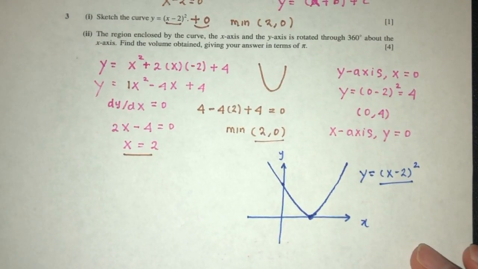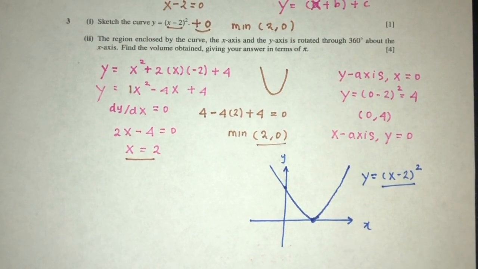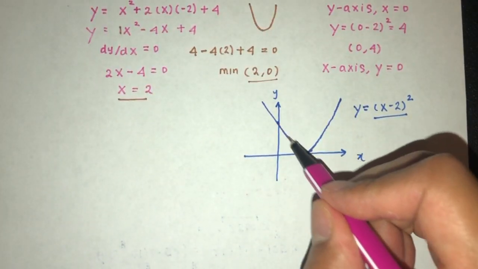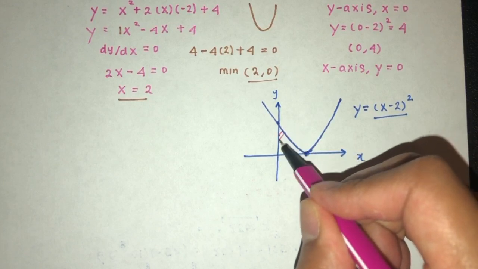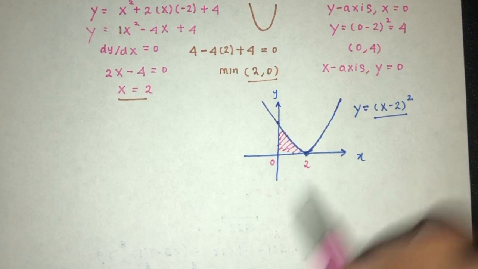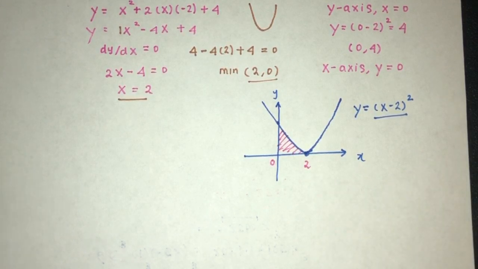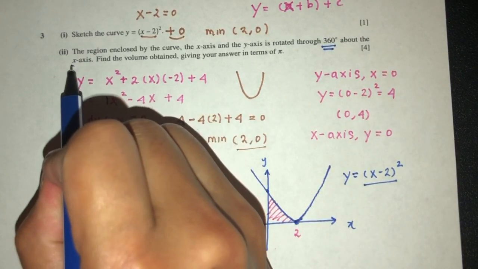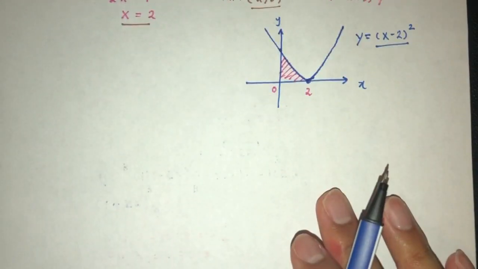Now for part 2, the region enclosed by the curve, the x-axis and the y-axis. So this is the region enclosed by the curve, the x and the y, which is this one. It is between 0 and 2, right? It is rotated through 360 degrees about the x-axis. So pretty easy. We have to find the volume.